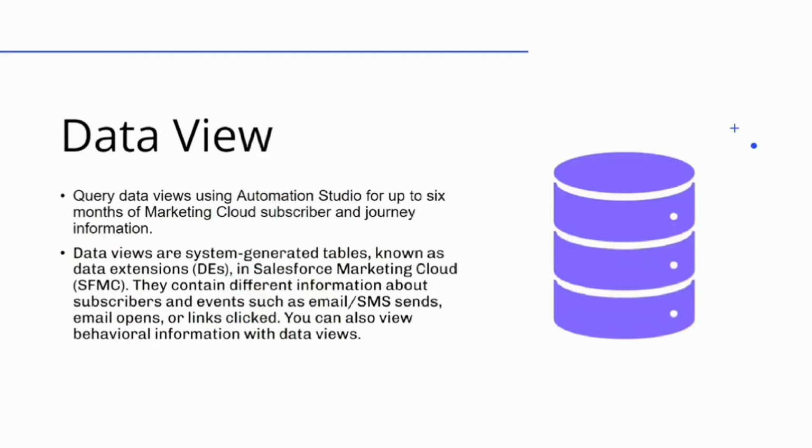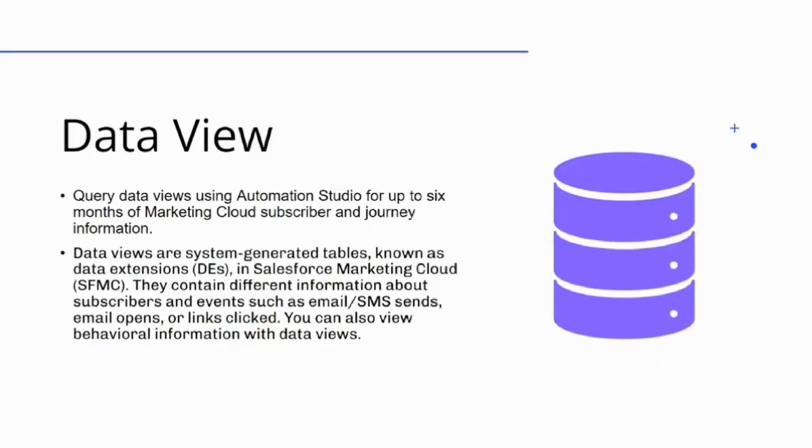What is a data view? It contains subscribers and tracking related details. Data views are nothing but the system tables in Marketing Cloud, which are hidden. Data extensions are the custom objects, which are defined by you.